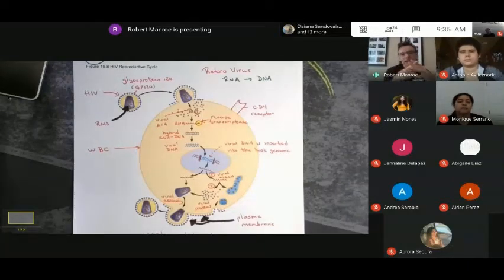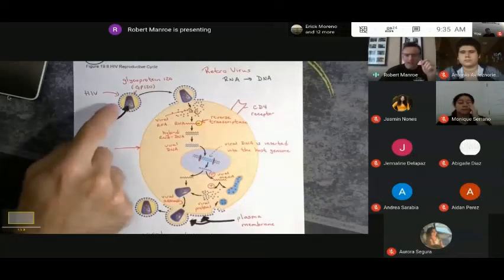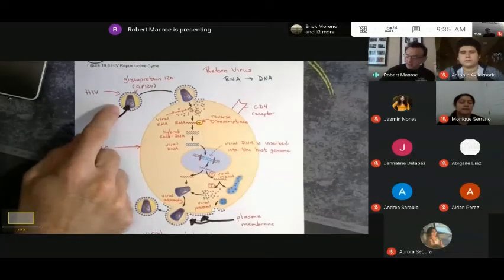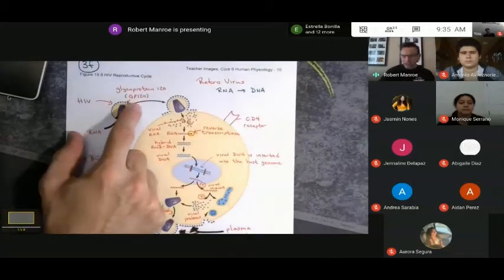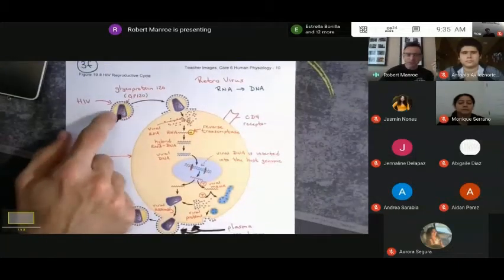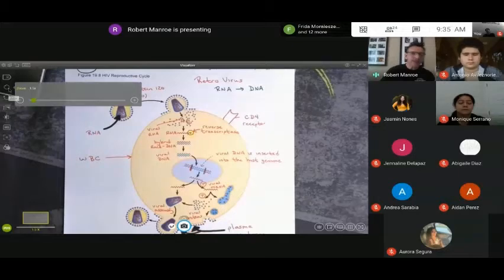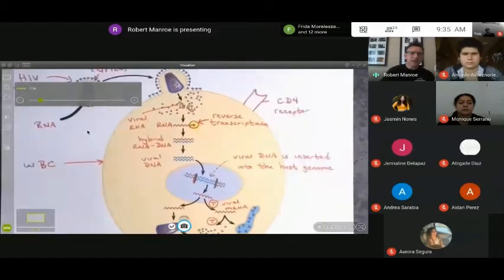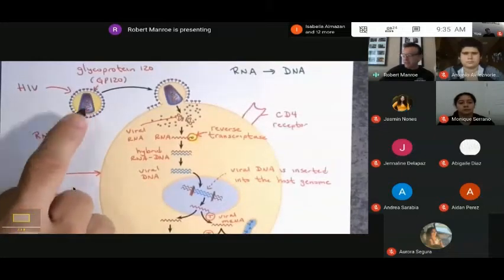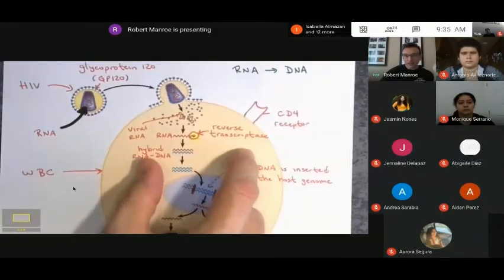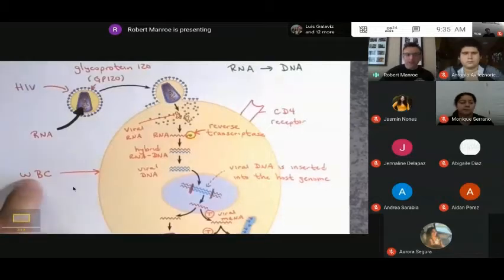Embedded in that membrane is a protein, a glycoprotein as a matter of fact, whose molecular weight is 120, so we call it GP120. This protein is a heavily studied protein, because GP120 is the reason why HIV is able to infect white blood cells. HIV is specific to your white blood cells.